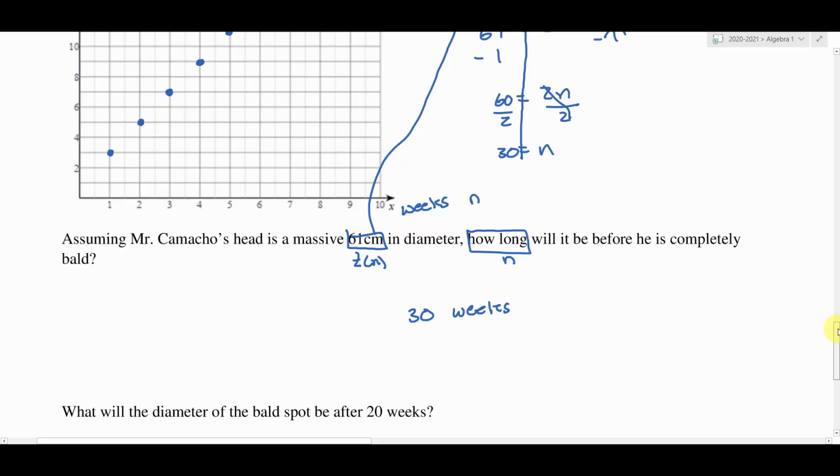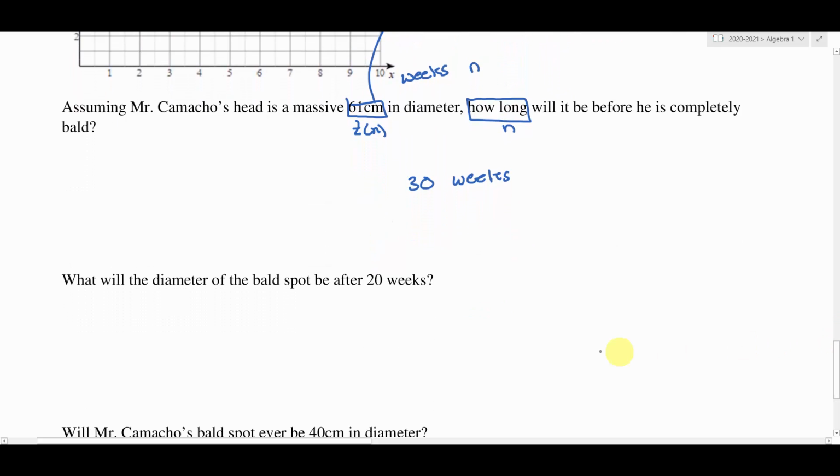The next question they ask is, what will the diameter of the bald spot be after 20 weeks? Remember, 20 weeks is an n value, that's an input. So here's my equation, t of n equals 2n plus 1. They're giving me the n value, so I can plug in this 20 for n.